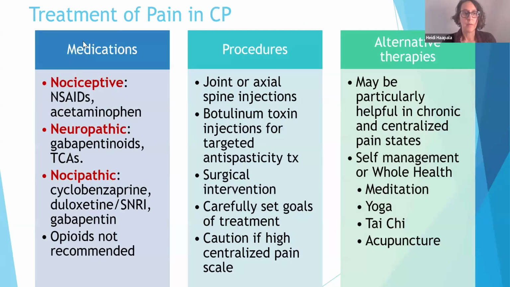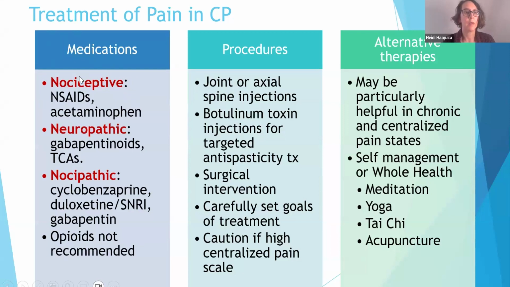And when we're looking at treatments, such as medications, procedures, or alternative therapies, one of the things that's really important, and this is where we get into those pain phenotypes that we went over earlier, is that medications for pain are different depending on the pain phenotype.